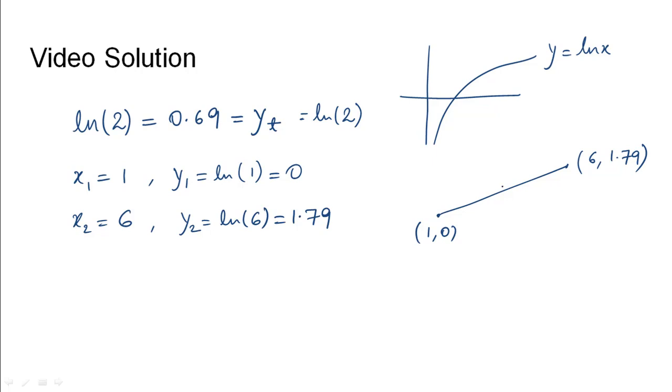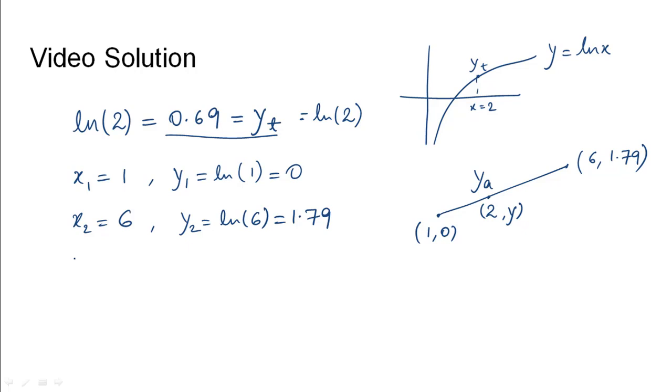The question instructs us to linearly approximate between these 2 points to find the value at 2. Let us call it y. This value will be the approximated value ya, and the true value at x equals 2 is called yt, which is given here as 0.69.